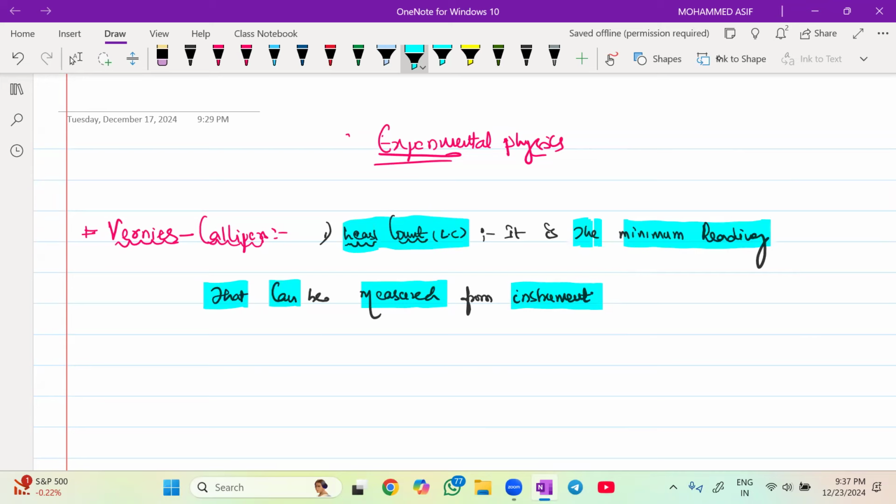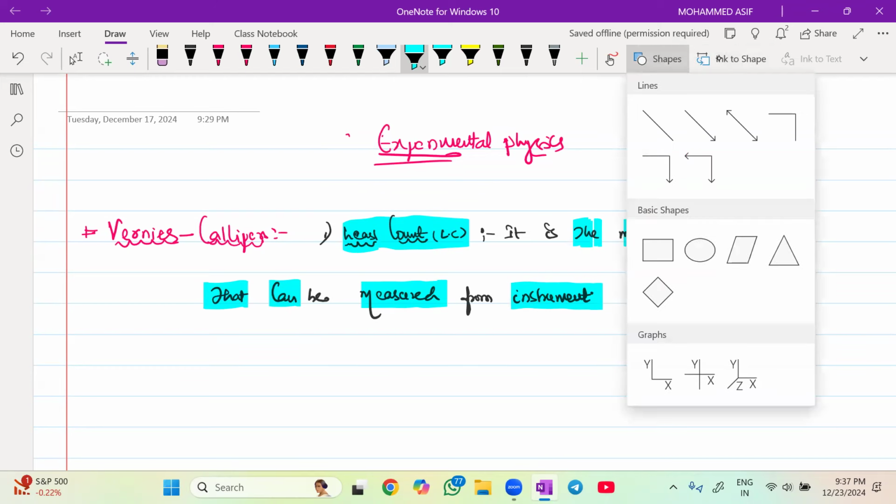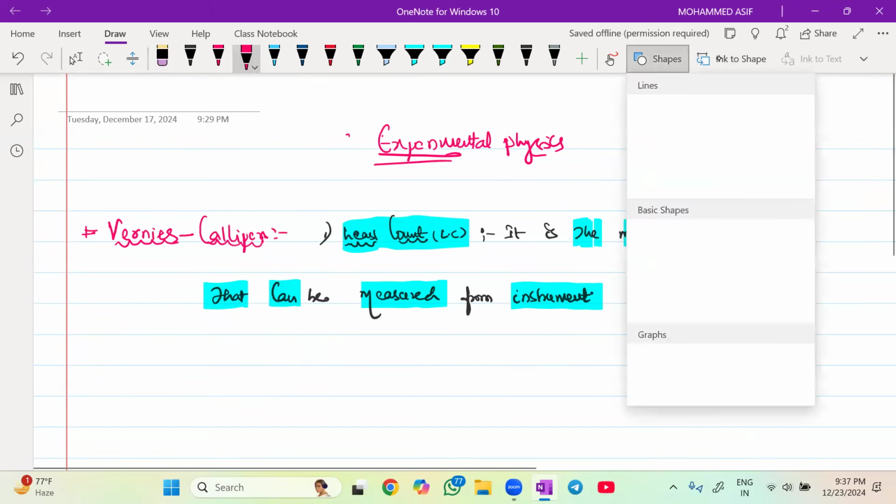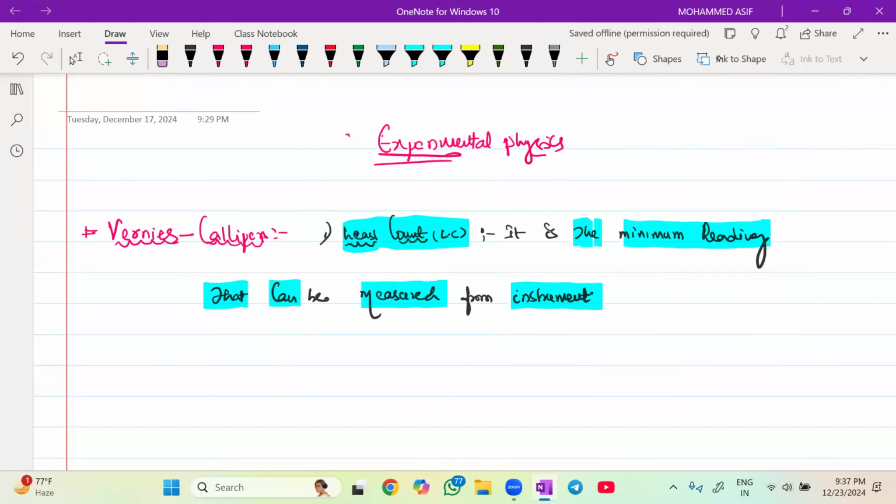See, the least count generally has two main parts, beta. The first one is the main scale. This one is your main scale.